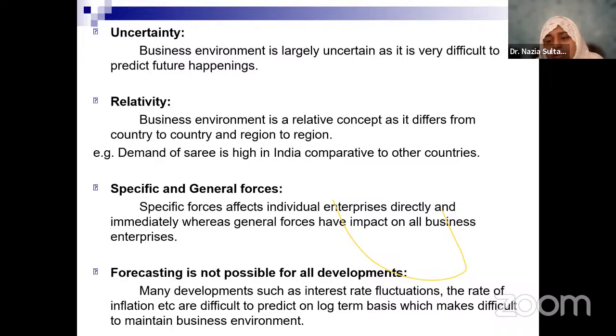It would be a little easier to make predictions for these compared to changes in customer habits, preferences, needs of consumers, technology changes, and adoption of automation and technology. These would be a little difficult to predict when compared to the other environmental factors. So some forecasting can be done with much ease, while some may not be done with so much ease. So forecasting is not possible for all the developments which are there, right?